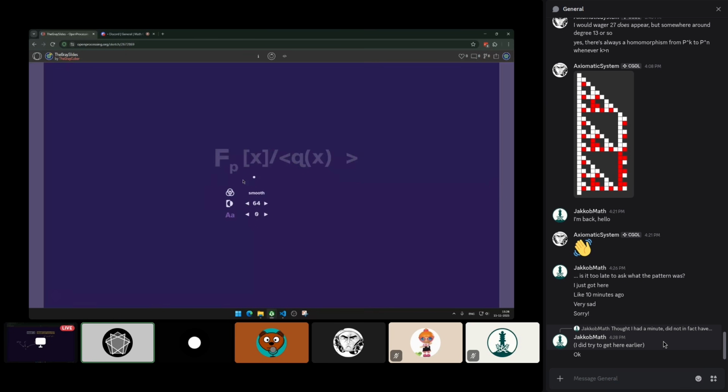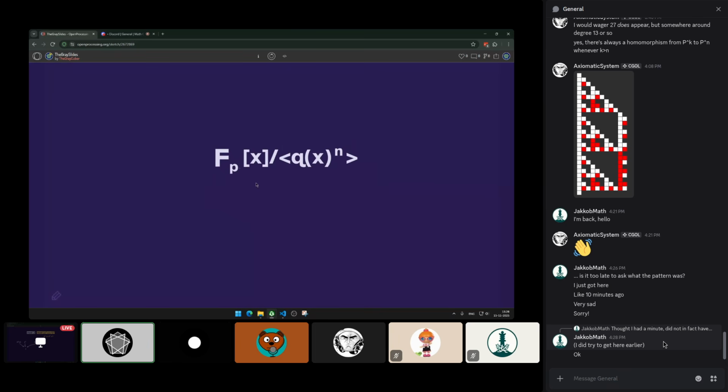How does that behave? Because in the integers, if we take the powers of a prime, we get a full cycle, as long as the prime isn't 2. So I was wondering if the same thing would apply here, if we get a cycle, but we don't.